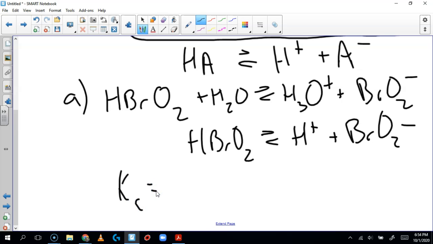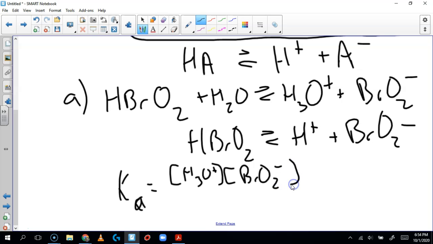And when we do this, you'll see when we write the equilibrium expression, Ka, if we use the first one, it's going to be products over the reactant, so it's the concentration of H3O plus times the concentration of BrO2 minus, all over the concentration of HBrO2.